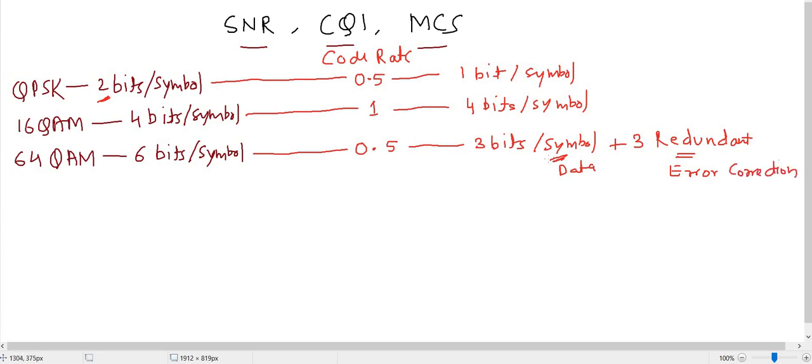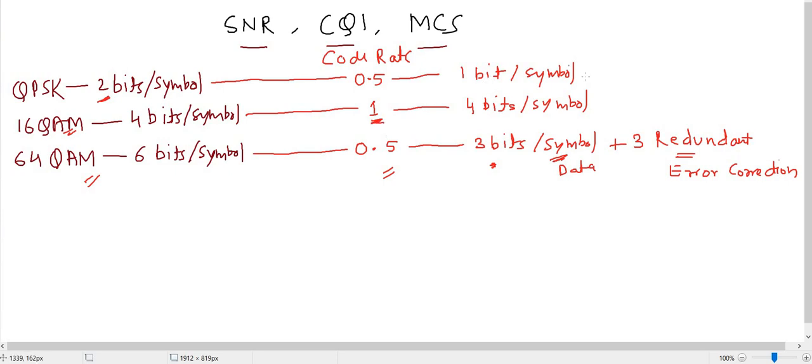Fine. Okay, so along with good modulation, your code rate also plays an important role in throughput, because you can see here we can use 64 QAM but code rate is 0.5, that's why only 3 bits are able to carry data, whereas in this case we can transmit data on 4 bits per symbol because our code rate is 1.